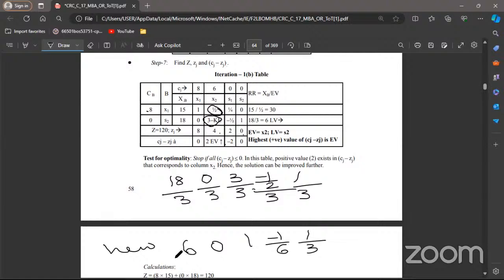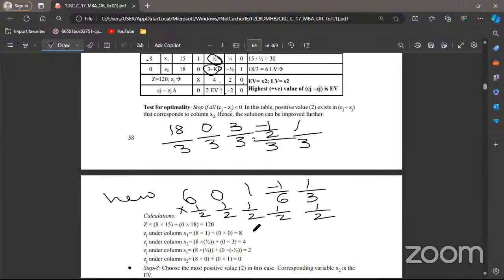So what you do is multiply all the numbers with half. Tell me. 3, 0, 1 by 2, minus 1 by 12. Very good.